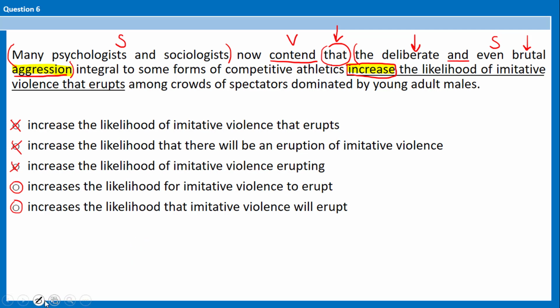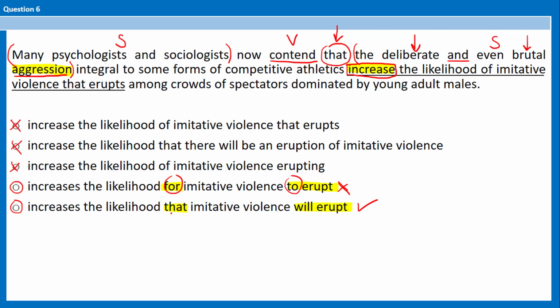Focus on other differences. And here the main differences are likelihood for violence to erupt versus likelihood that violence will erupt. So this becomes an idiomatic issue. And the right answer is E. Why? Well, because likelihood for something to does not exist. It's not idiomatic. It's wrong.